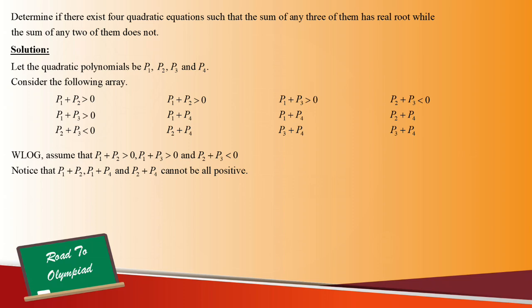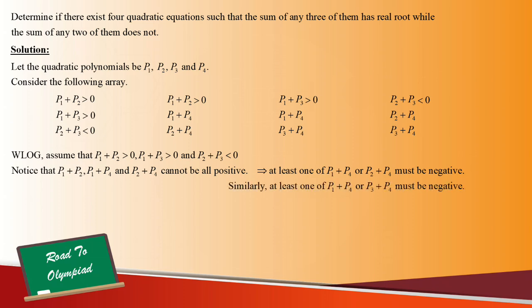And since P1 plus P2 is already known to be positive, this means that at least one of P1 plus P4 or P2 plus P4 must be negative. For a similar argument, we can come out with P1 plus P4 or P3 plus P4 must be negative, as well as P2 plus P4 or P3 plus P4 must be positive.